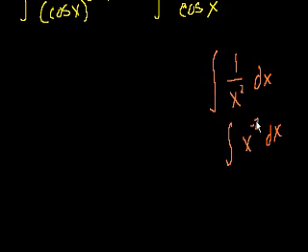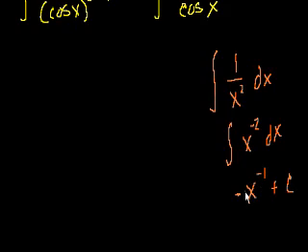You increase the exponent by 1, and then you divide by your new exponent. X to the minus 2, you increase the exponent, you get x to the minus 1. And then when you divide this by minus 1, you get this minus out front. And then, of course, you would have the plus c.